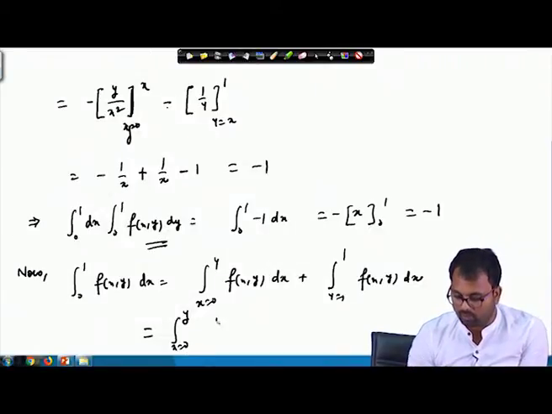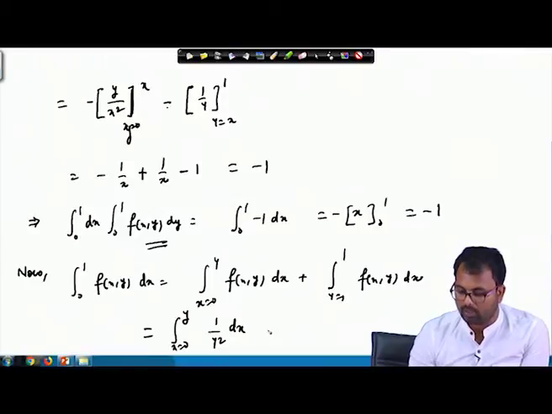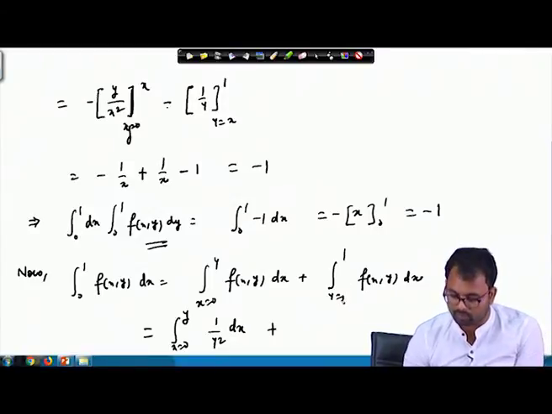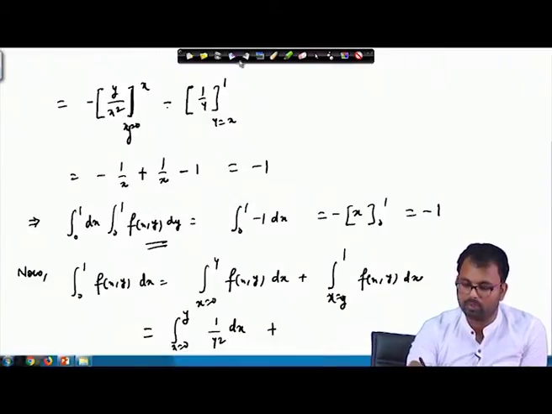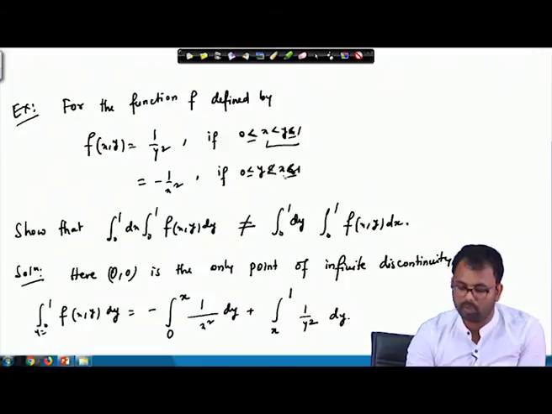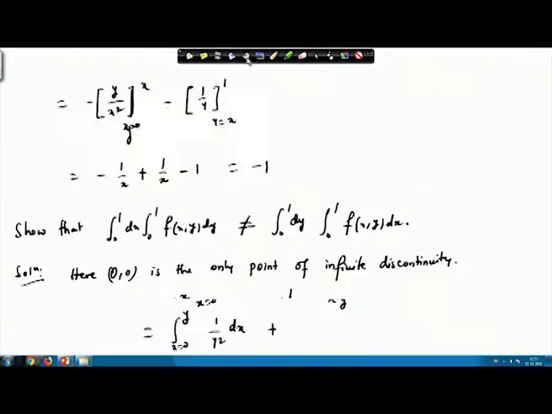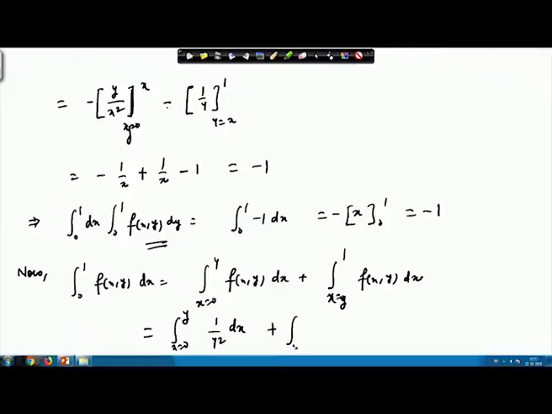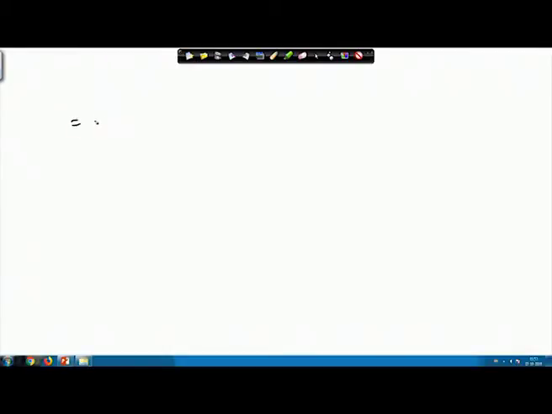So, I can write 1 by y square dx, and then x is running from y to 1. So, if x is running from y to 1, then this will be minus 1 by x square dx. All right. And now, if we integrate like we did before, then we will basically obtain 1 by y plus 1 minus y, and then this answer is 1.